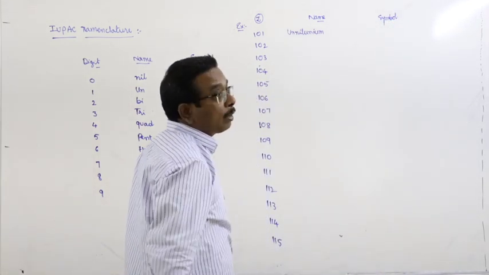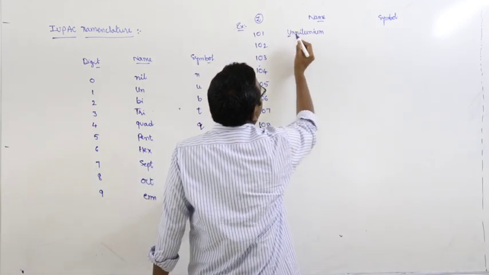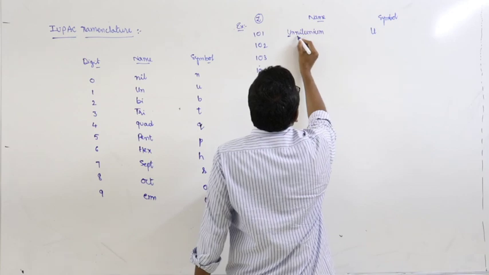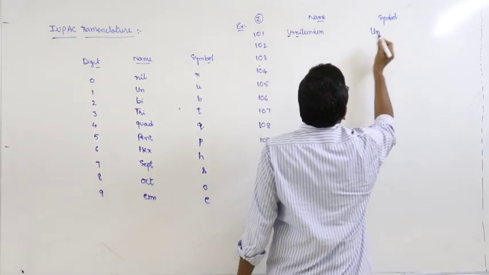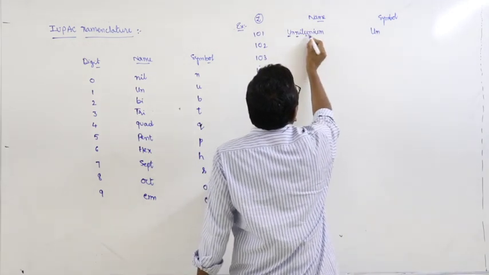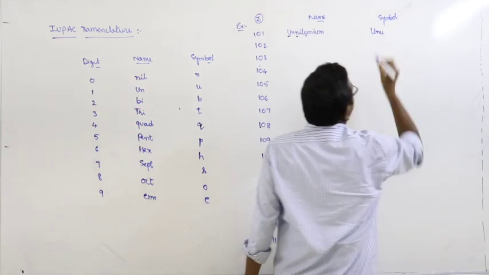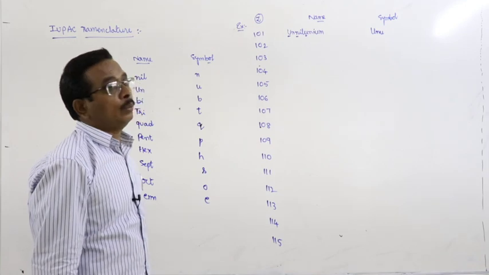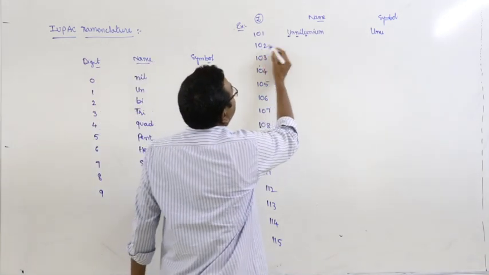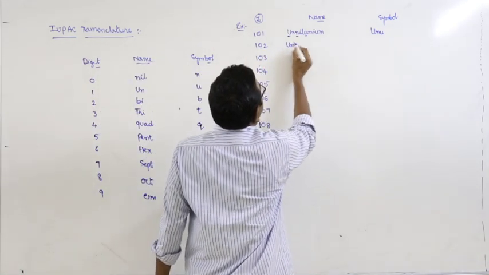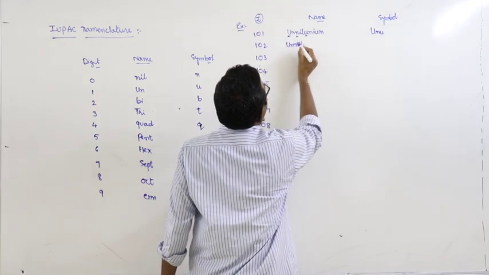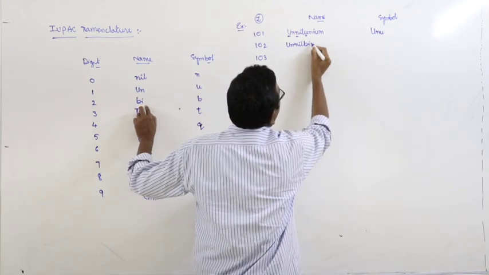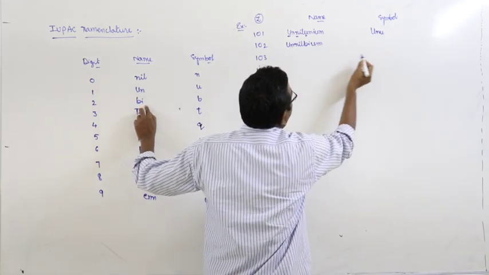How can you write the symbol of the element? First one, U, un. Second digit, nil, small n. Third digit, un, U. Second one, first digit, un. Second digit, nil. Third one, bi plus ium, bium.